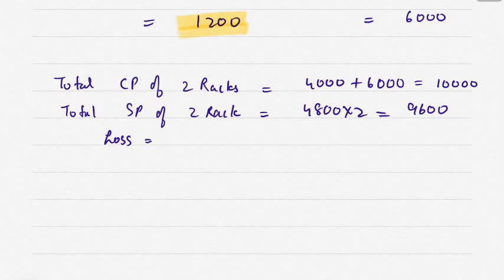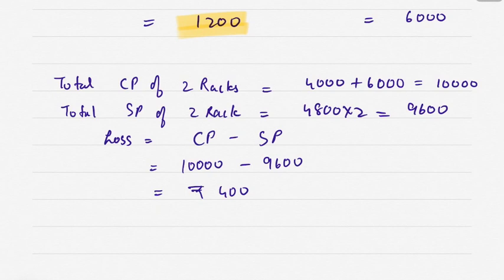So it's a loss: cost price minus selling price, 10,000 minus 9,600, which is rupees 400.